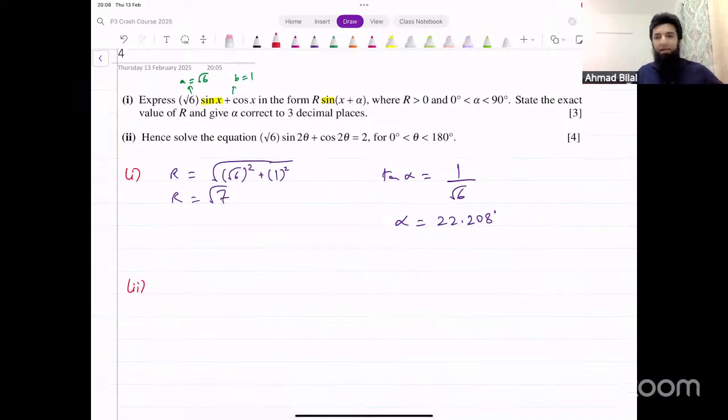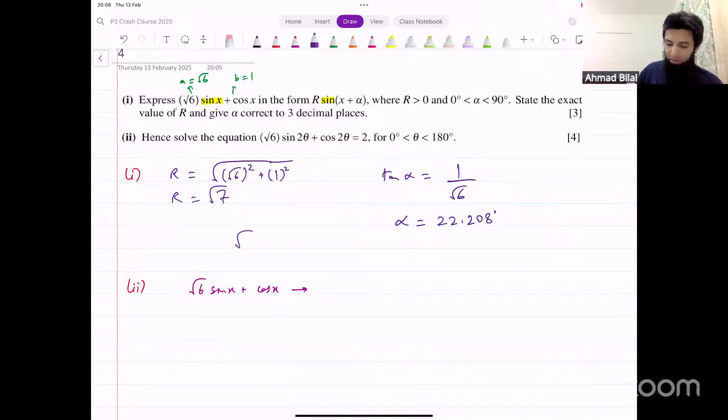Now it says, hence solve this equation. How is this related to the first part? In the first part, what we've done is we have converted square root of 6 sine x plus cos x to square root of 7 sine of x plus 22.208.